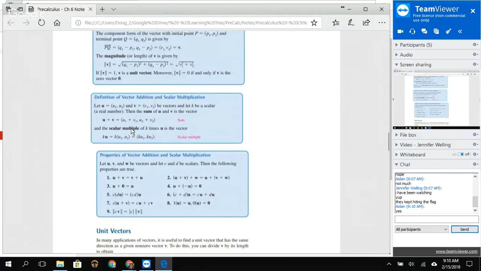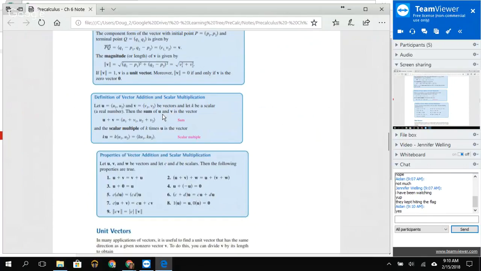Yep. Okay. So you probably have heard this terminology before, and this is the same. Vector addition and scalar multiplication work the same as matrix addition and scalar multiplication. And spoiler alert, when we get to 6.4, there's a special way that you multiply vectors together. You don't just multiply the first terms and the second terms.